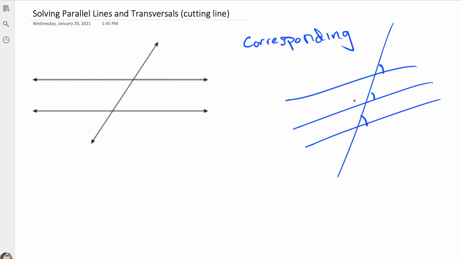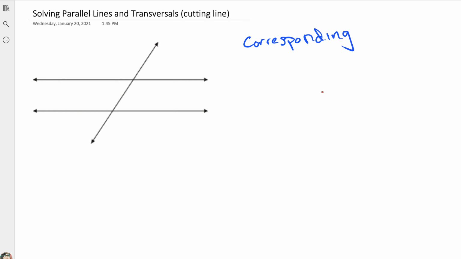One of the ways we can find those corresponding angles is, well, a few ways. Number one, when you're asking is it interior or exterior, you'll notice corresponding angles have one of each. A corresponding angle is really a translation.